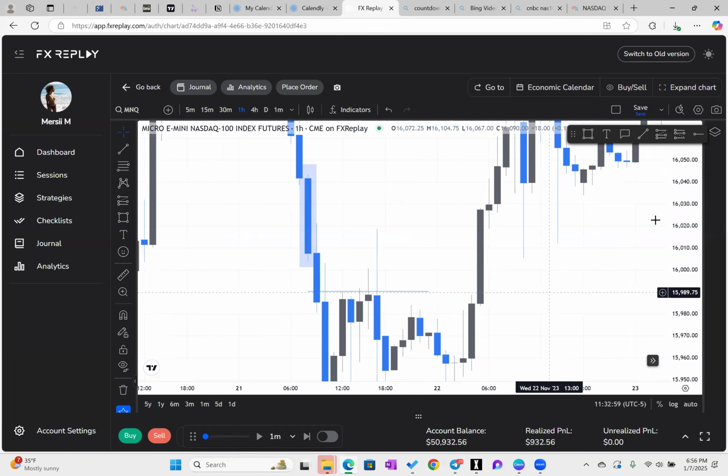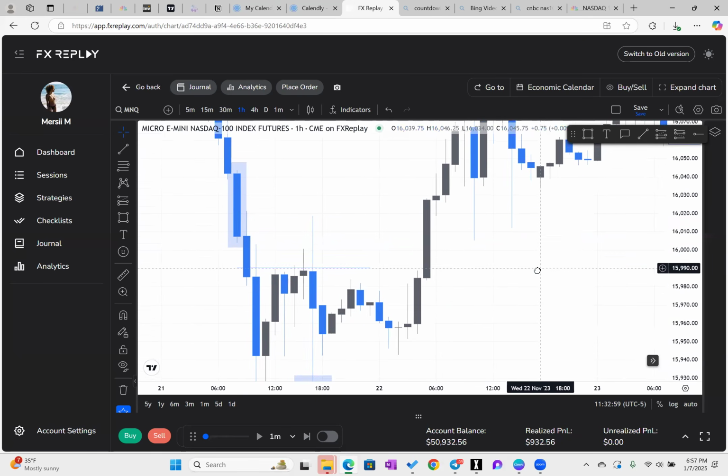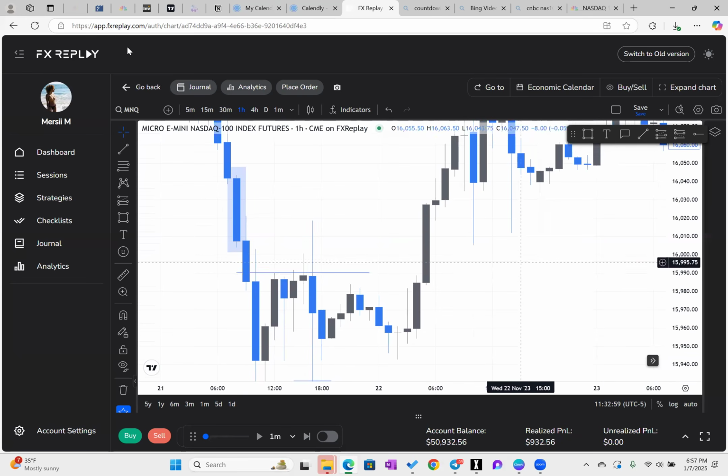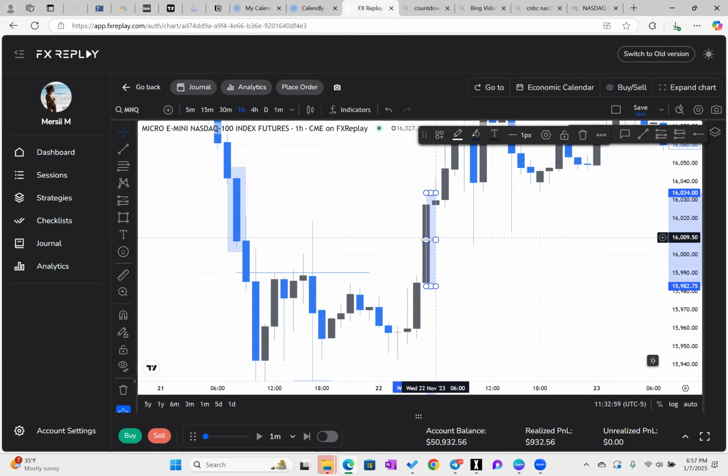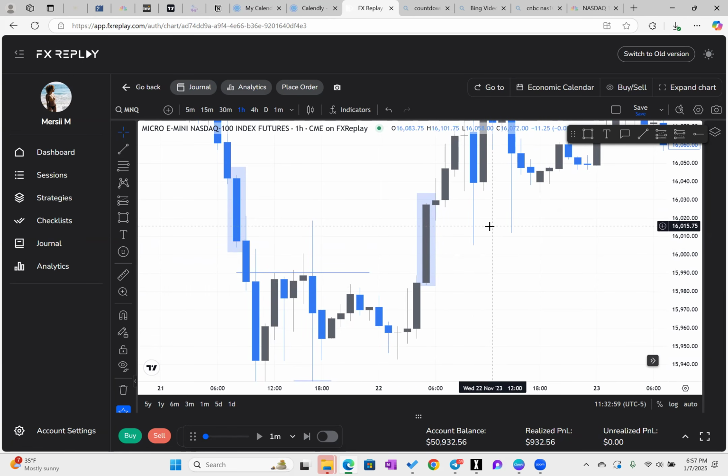Imbalance is a strong impulsive move to the downside or the upside of the market with little to no buyers or sellers involved. So this candle here is the imbalance because this is the candle that has little to no sellers involved. How do you know it has little to no sellers involved? Based on the wick. There's little to no wick attached to that candle. I hope that answered the question.